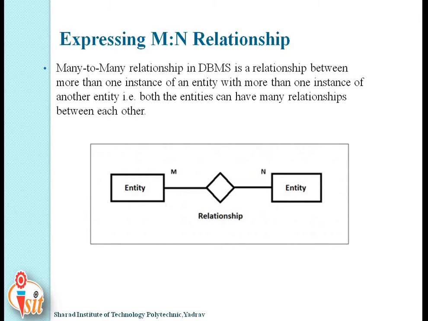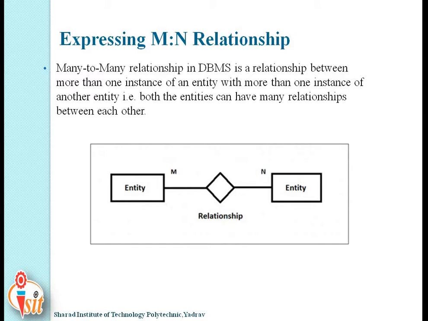Now what is an M to N relationship? It is nothing but a many to many relationship. Already you all are aware of the many to many relationship because this point was covered in the previous session. A many to many relationship is a type of cardinality that refers to the relationship between two entities A and B, in which A may contain a parent instance for which there are many children in B and vice versa.